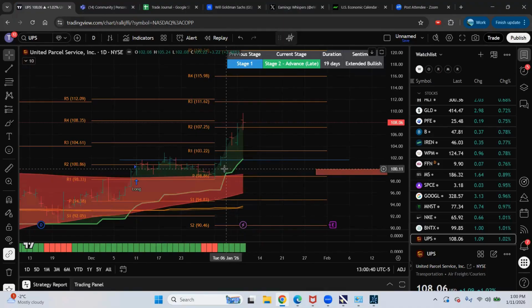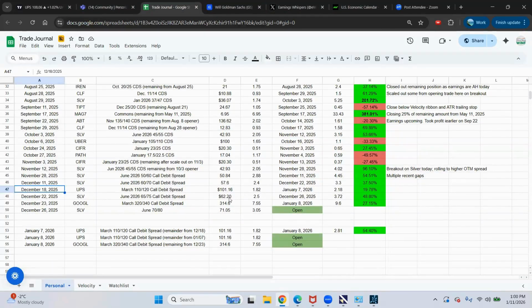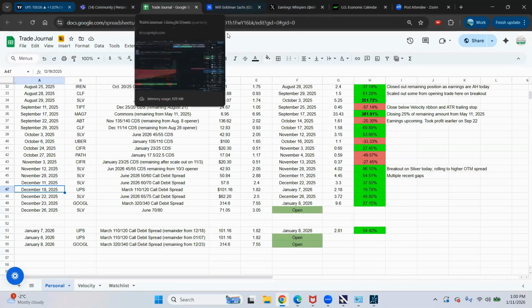So the plan here was, as it got to 104, 105, was to start taking profits along the way. And I think we have done that twice on UPS. So there's Jan 7th, there's Jan 8th. So we have taken two sets of profits on UPS.